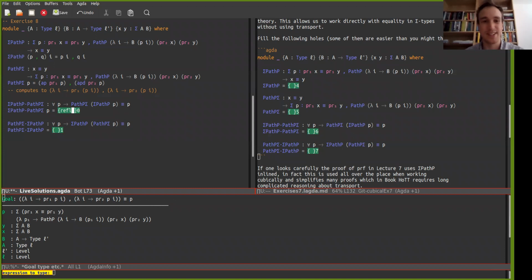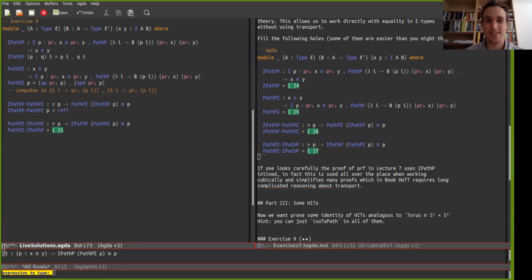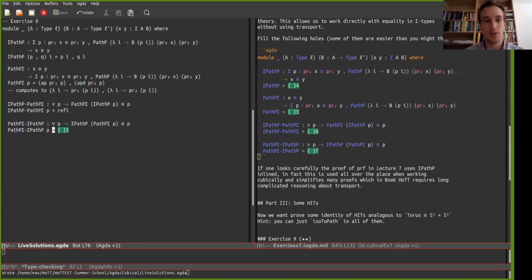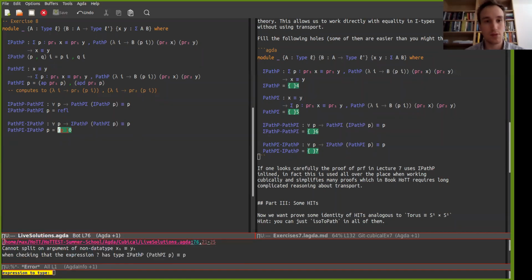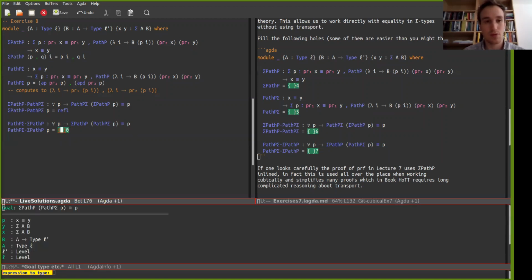Yeah, exactly. It's as easy as it gets. This actually holds by refl. And the other direction, so of course P is, yeah, this is actually the same, I guess.